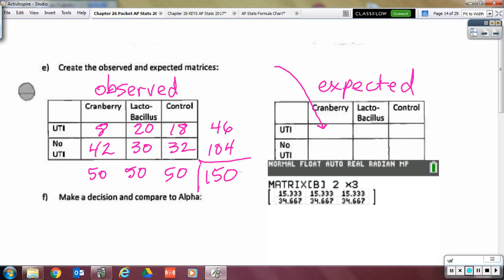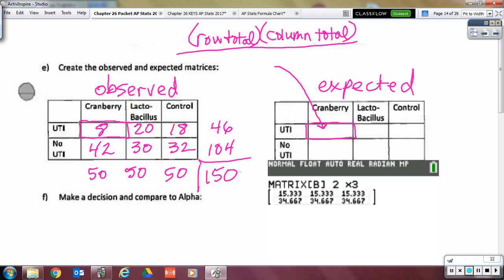To find the expected for this particular cell, which corresponds with this particular cell in the observed, it's going to be my row total times column total over total. Okay?